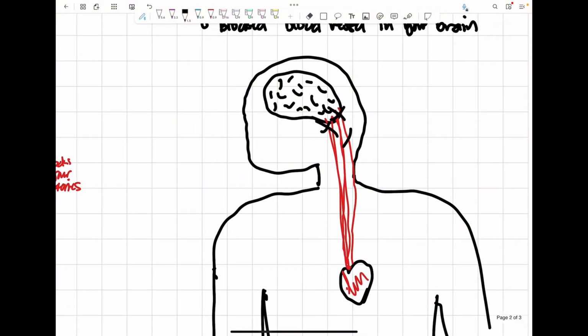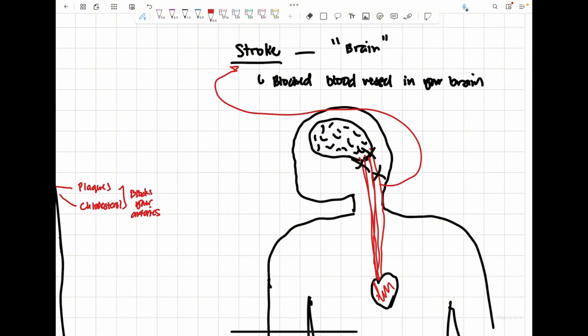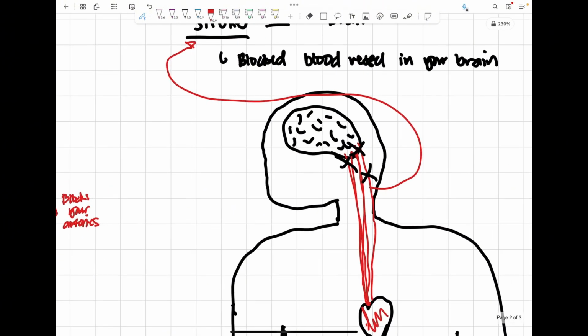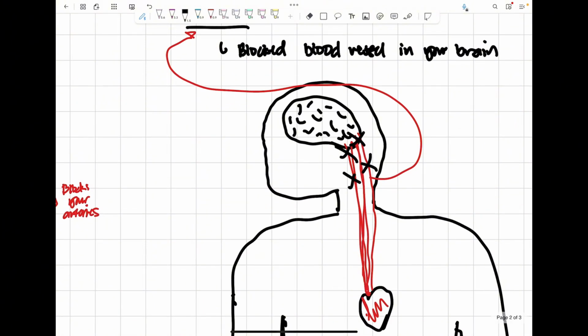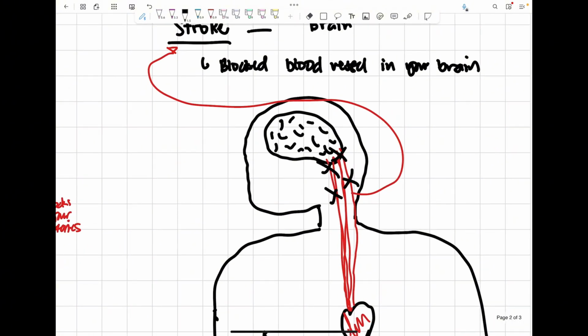So because of that blockage, stroke is caused by blockage of a blood vessel going to the brain. So it cannot deliver enough oxygen, enough blood, enough nutrients to your brain, which causes a stroke.